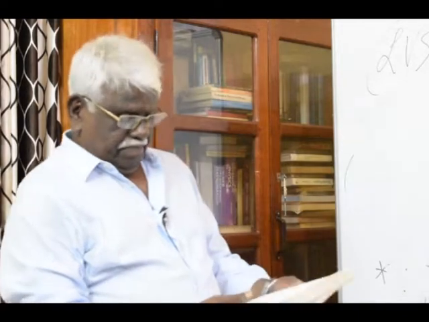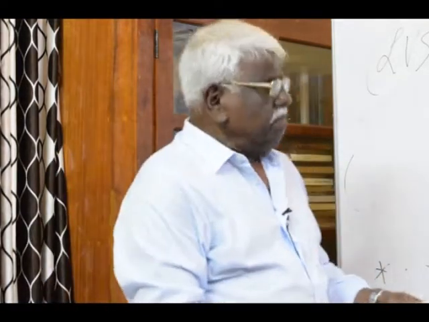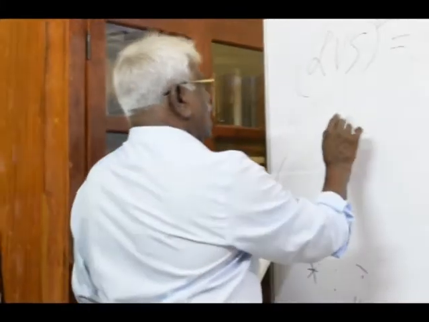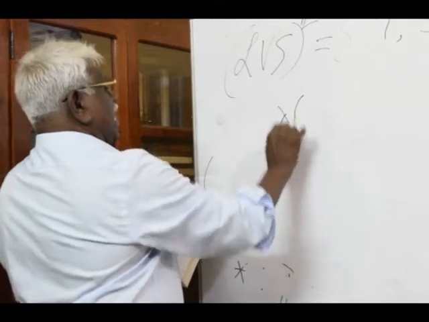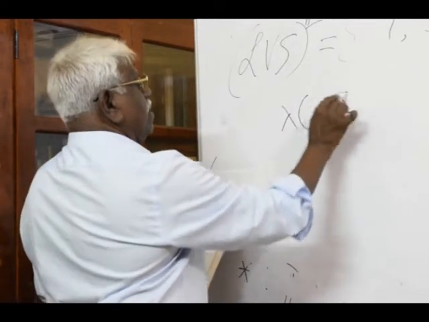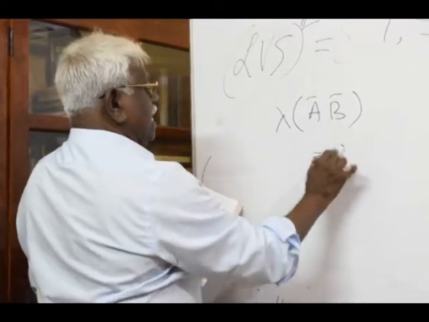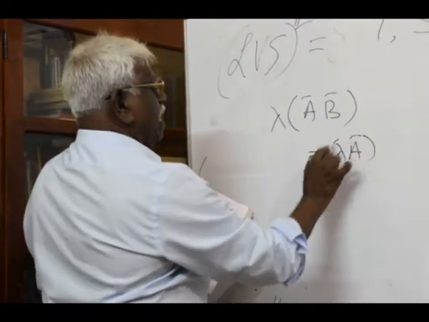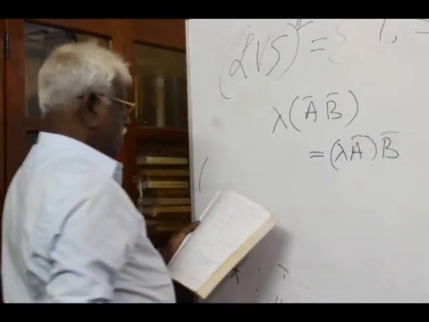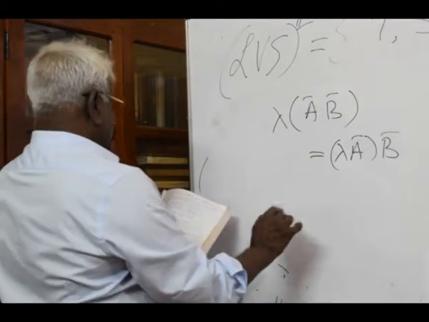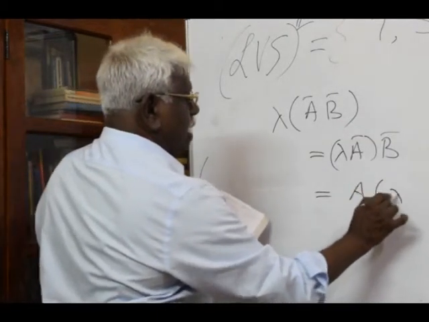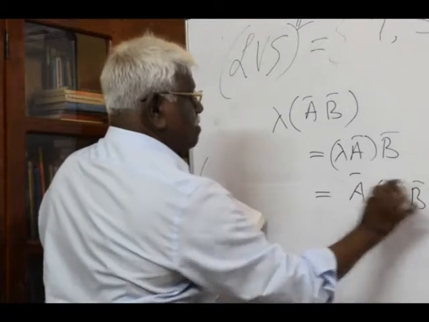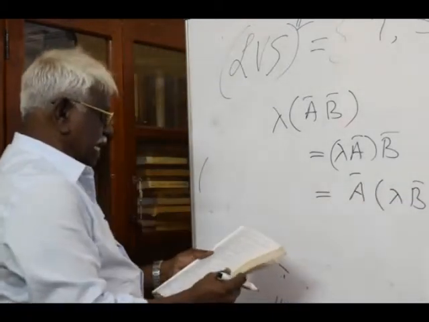And we can have, say, lambda AB, I simply write as lambda A into B, and this is also equal to A times lambda B. These mathematical objects are identical.